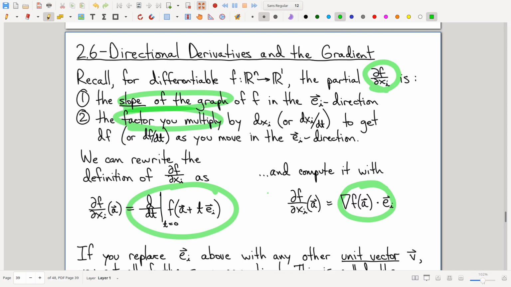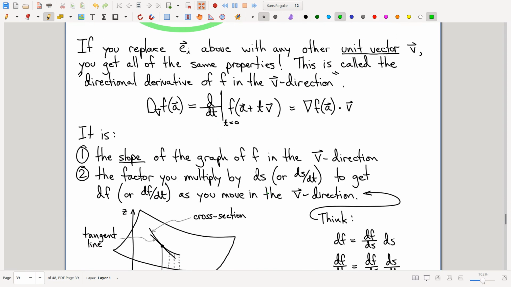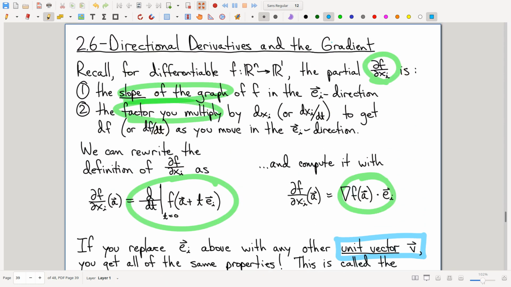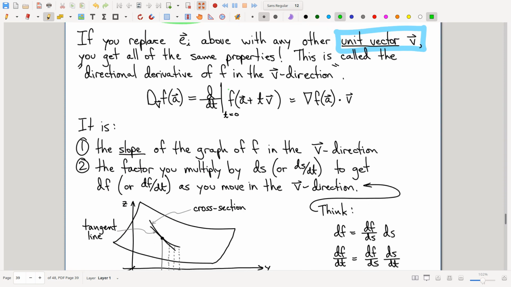And in fact, this is exactly how it turns out. It is true that for any unit vector, doesn't matter, take your pick, in the same way that these four things here are all equal to each other and all represented by a single expression, likewise for any other unit vector, you can write down this expression.